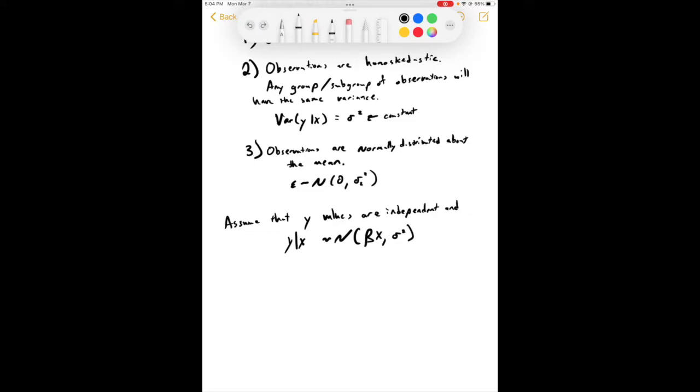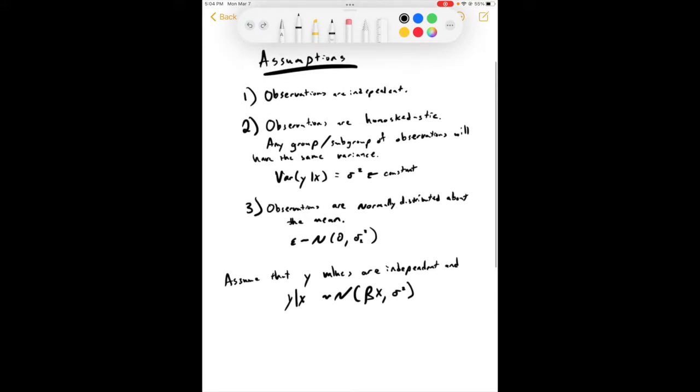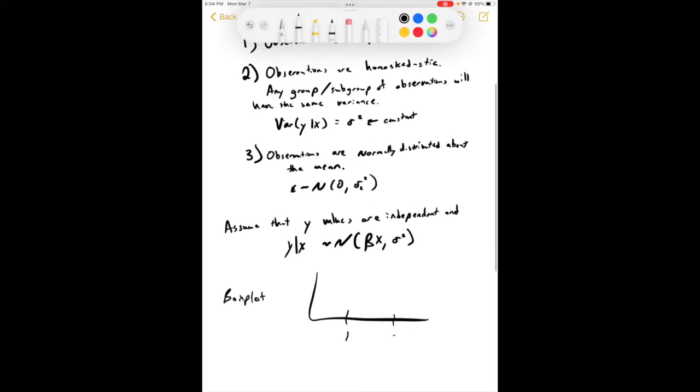Normally, if I were trying to run some statistical inference, I would run a box plot, and here we'll draw up a box plot. Say I have two groups here, 1 and 2, and then my y value doesn't matter. Say I had something like this for one box and something like this for my other box.